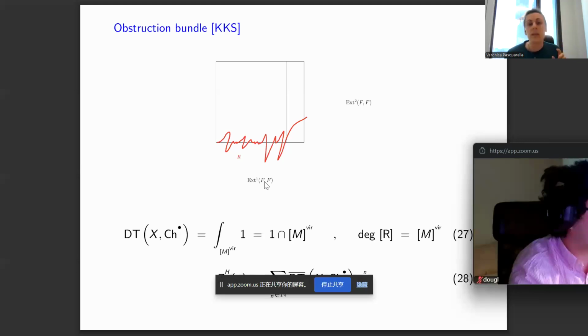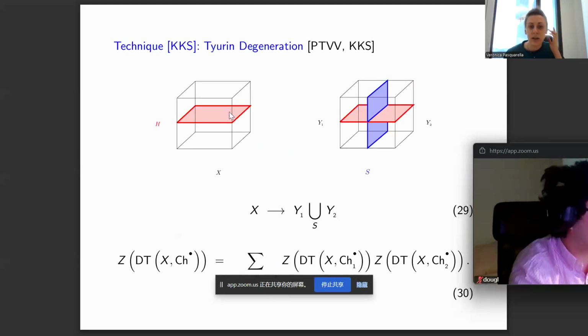Now, why do we need this? And here we go back to the idea we had before. So remember, I had the curve. I had a blue curve on this hypersurface at one of the first slides. So we want to build the whole variety X just from that curve.